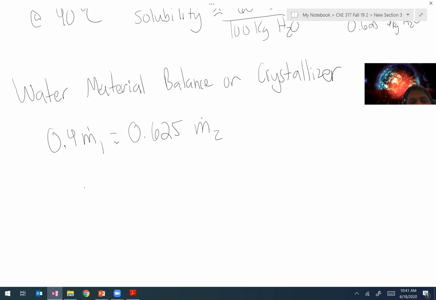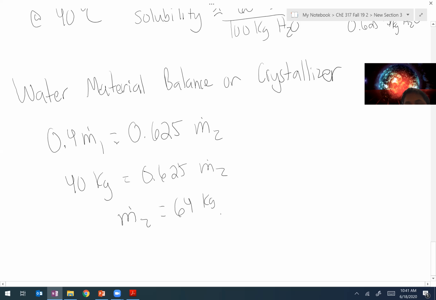So I have 40 kilograms, which is water, equals 0.625 of M2, which tells me M2 is about 64 kilograms per hour.